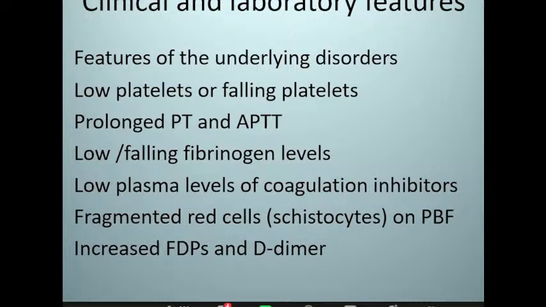Examination of the peripheral blood will reveal fragmented red cells, which if you can recall from your morphology, we call schistocytes. The D-dimers and other fibrinogen and fibrin degradation products will also be increased. And we use the D-dimer test as one of the parameters in evaluating patients with DIC.